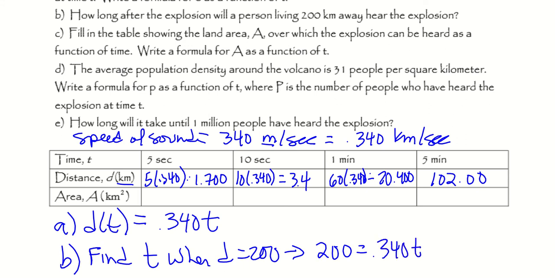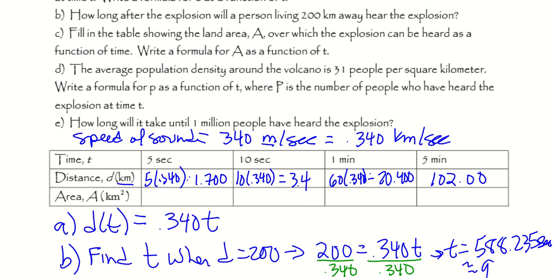Divide both sides of this equation by 0.340, and that gives me that t is equal to about 588.235 seconds. If we divide that by 60, then that's about 9 minutes and 48 seconds. Okay, a little more than 9 minutes.